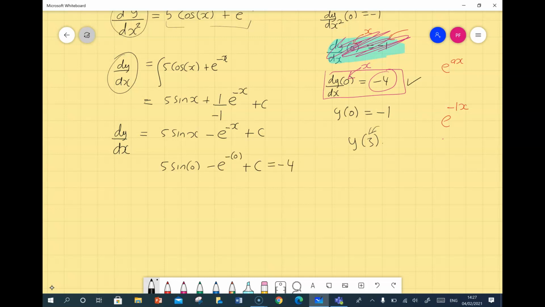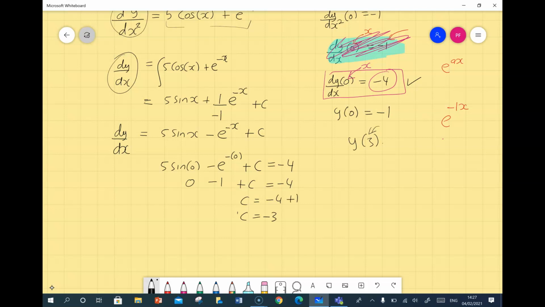Let's look up the sin of 0. I'm always cautious because I think I remember them, but then I make a mistake. So sin of 0 is 0, so 5 times 0 is 0, that's grand. Anything to the power of 0 is 1, so minus 1 plus c is negative 4. So c is negative 4 plus 1, so c is negative 3.